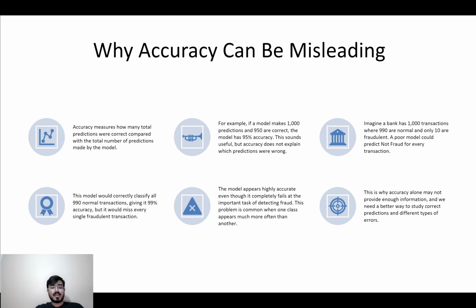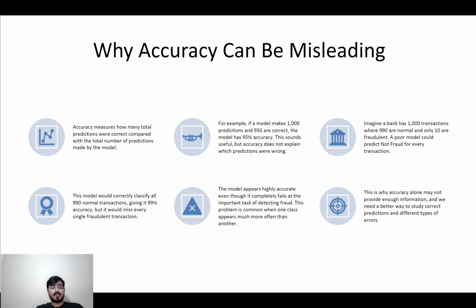So now that we understand the difference between actual and predicted results, let's look at why accuracy alone is not always enough to evaluate a machine learning model. Accuracy simply measures how many predictions the model made correctly out of all the predictions it made.